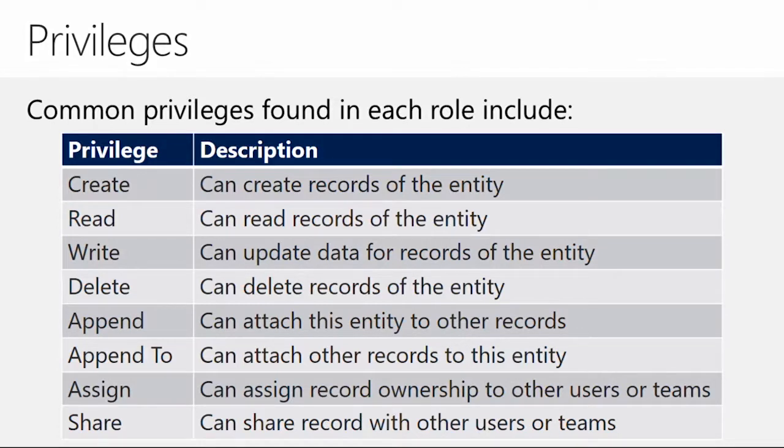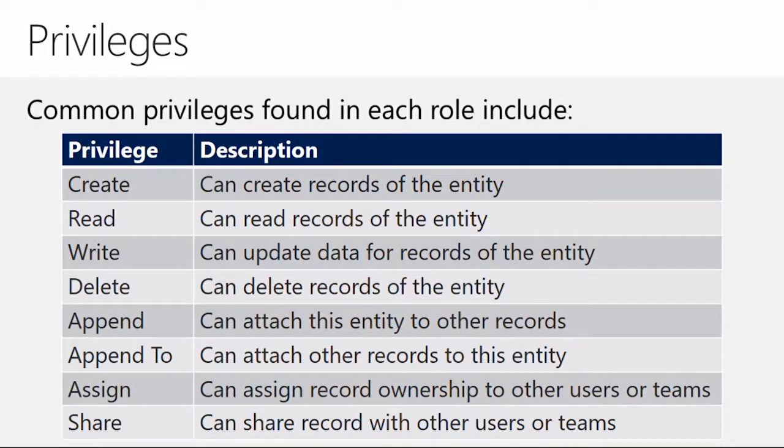So I have to have that in order to attach that entity to other records. Append to privileges basically means, can I attach other records to this entity? If you think about it in that contact and account example, in order for me to be able to associate a contact with an account, I have to have append to privileges on the account record, which means that I can actually attach records to the account.